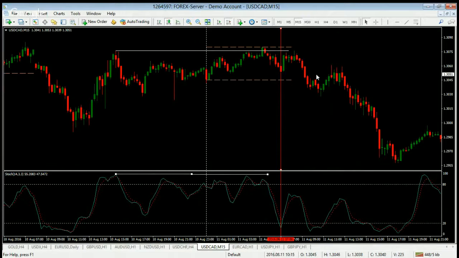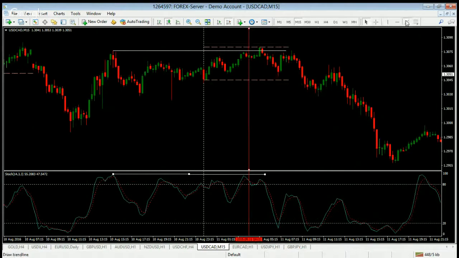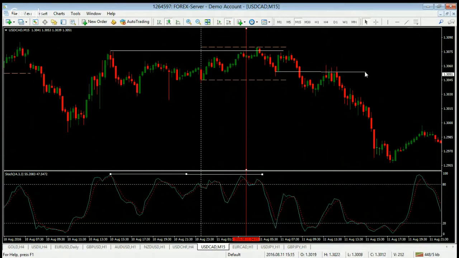So you could just follow the trend and maybe look for, like right here, after price broke this low on a retracement, you can see. Price returned back to this point.